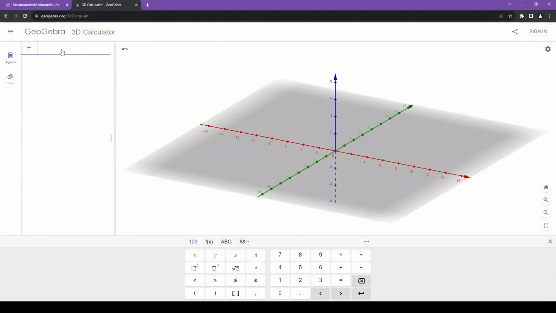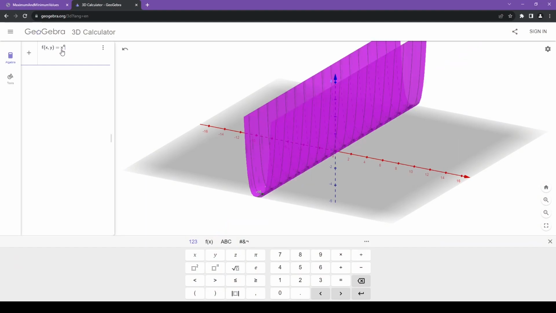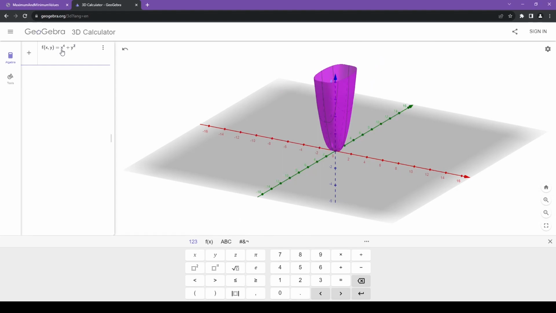All right, so taking a look at this, we do f of x, y again, x to the 4th plus y to the 4th minus 4xy plus 1.